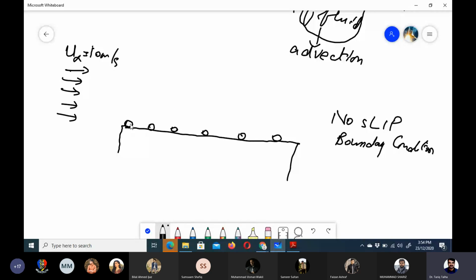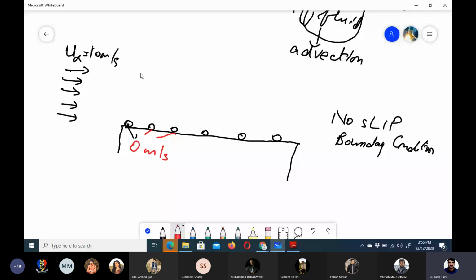So it can be zero or non-zero depending upon the solid surface velocity. It is zero in this case because we are talking about a building. If I write the velocities in red, all these molecules would have zero velocity.